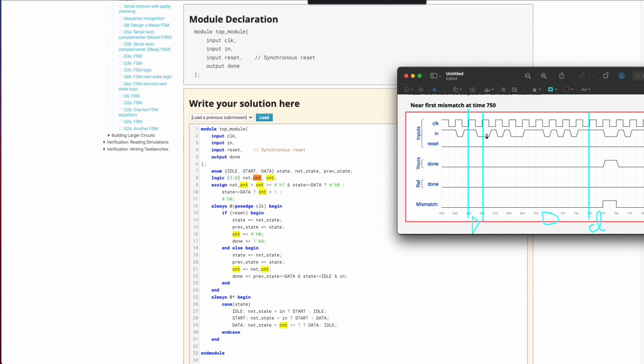So if this was 0, then I think it's this case, or this is 0 and this is F somehow.